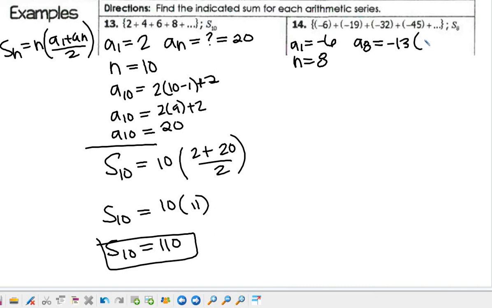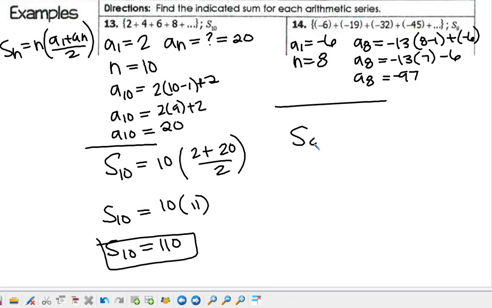Negative 13, times 8 minus 1, plus my first term. So a sub 8 is equal to negative 13 times 7 minus 6. So a sub 8 is negative 97.